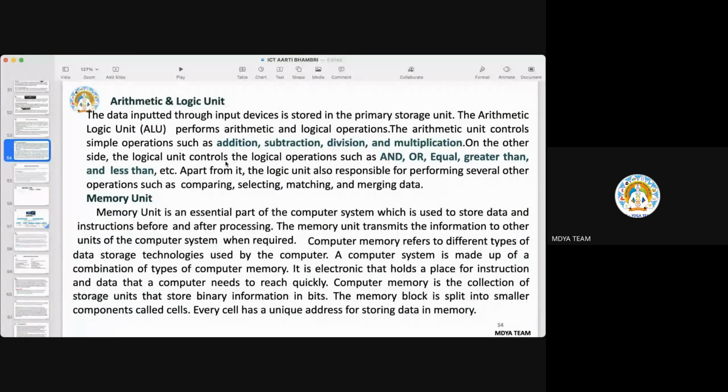Now let's see first the arithmetic and logic unit. Basically, it performs the various calculations or mathematical operations like addition, subtraction, division, multiplication. How it works is not easily understood by common people like us.